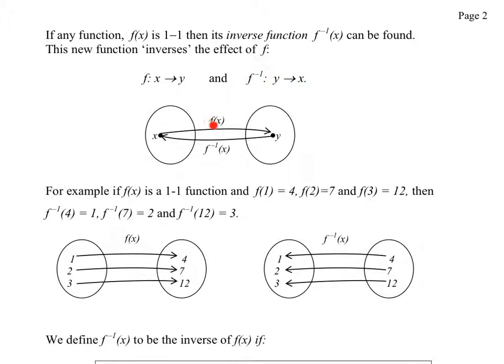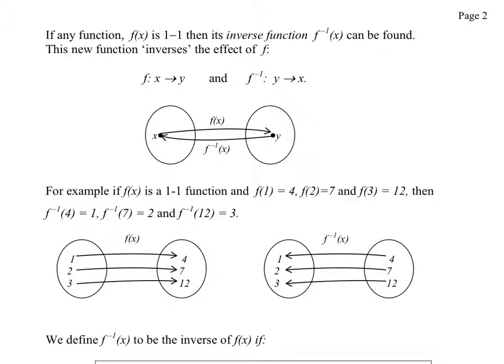If you have some function that takes a value x to a value y, the inverse function will take the y value back to the original x value. So, for example, if f of 1 is equal to 4, that means that f to the minus 1 of 4 is equal to 1.